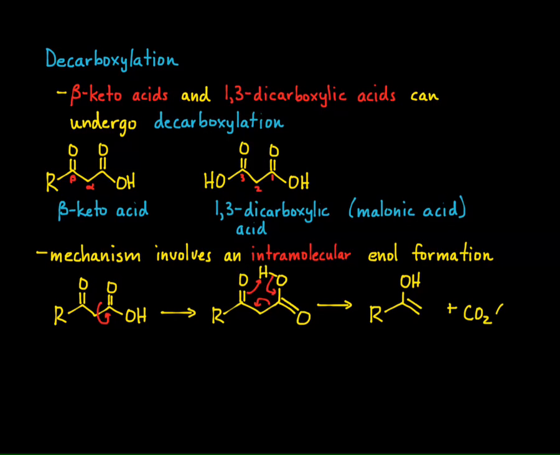The result looks like this. Now that carbonyl oxygen is protonated, it's an OH. I have a double bond, and so I formed an enol. Also notice I generate carbon dioxide in the process.